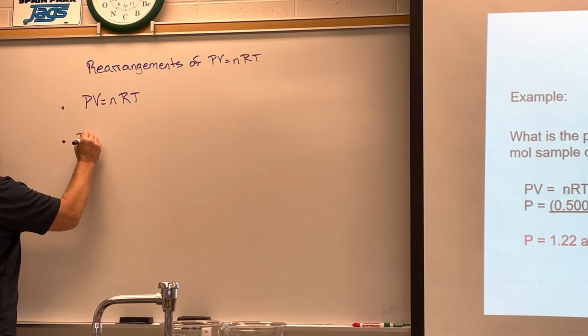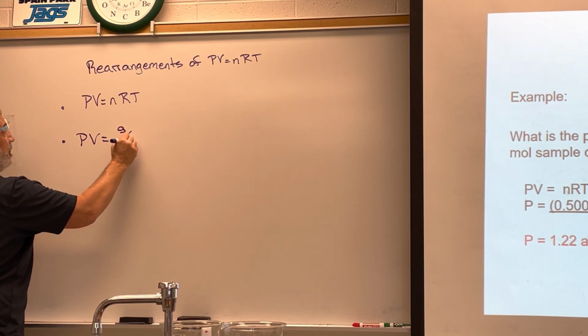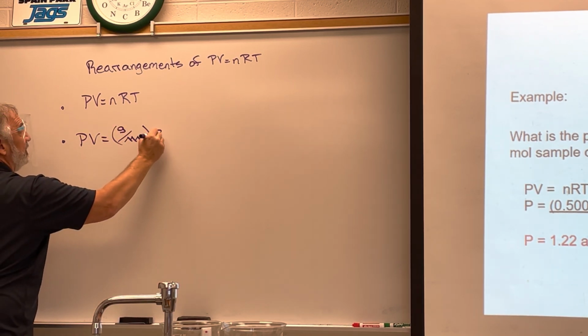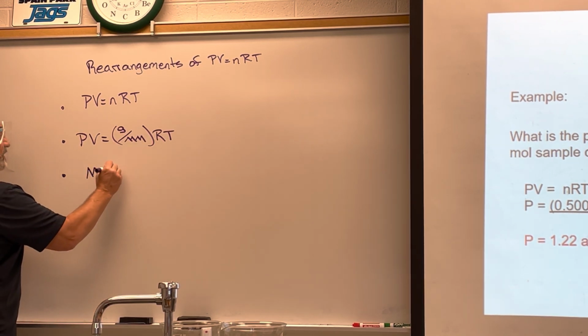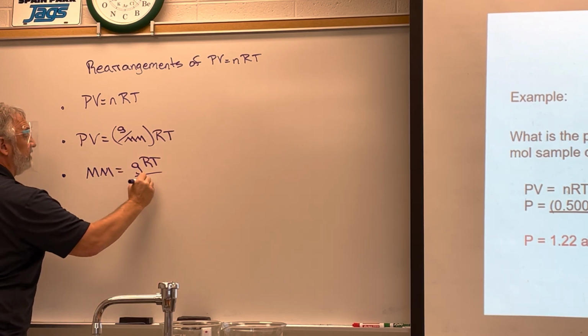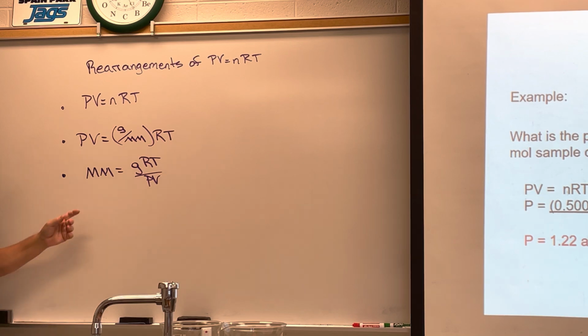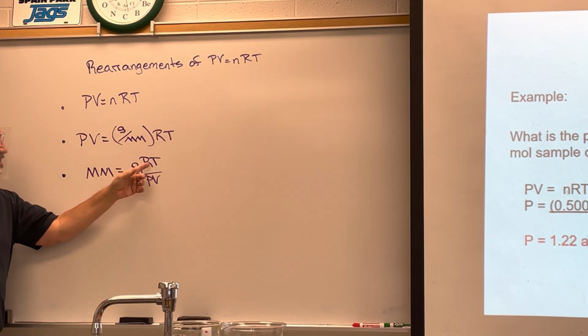So we could say that PV is equal to grams over molar mass times RT, because grams divided by molar mass is moles. Now, doing algebra, isolating molar mass in the numerator, multiply both sides by molar mass, and then bring pressure and volume back down over here. Molar mass is equal to gRT over PV. So we can calculate the molar mass of a gas if we know the grams, temperature, pressure, and volume.